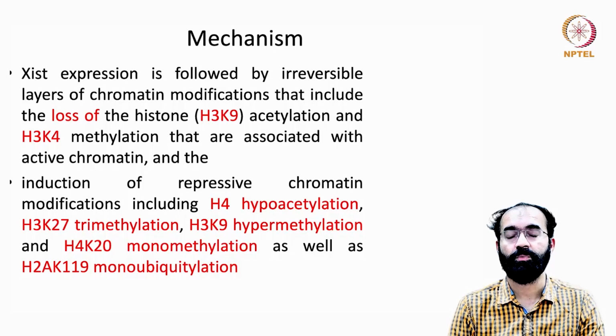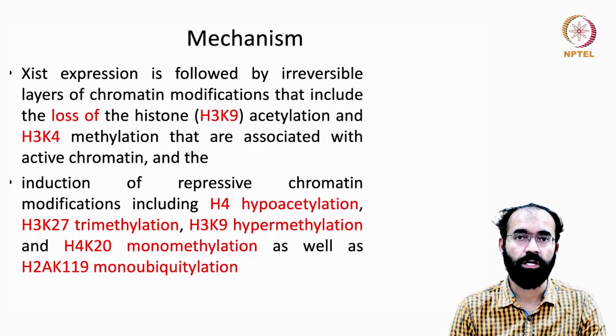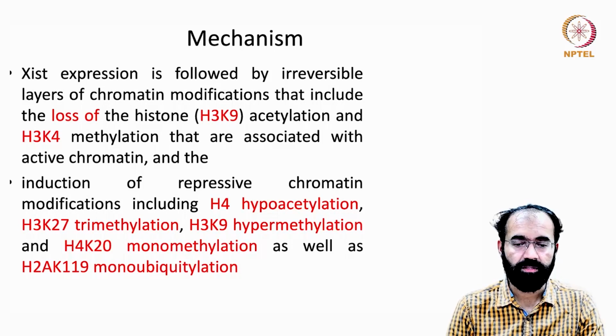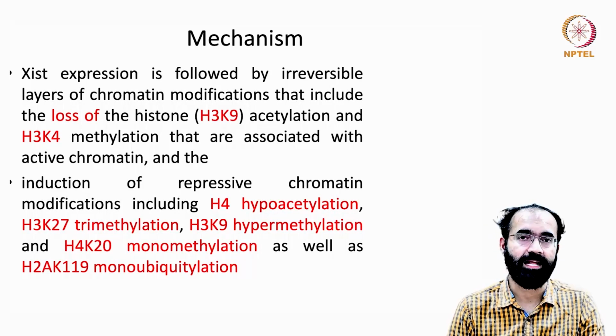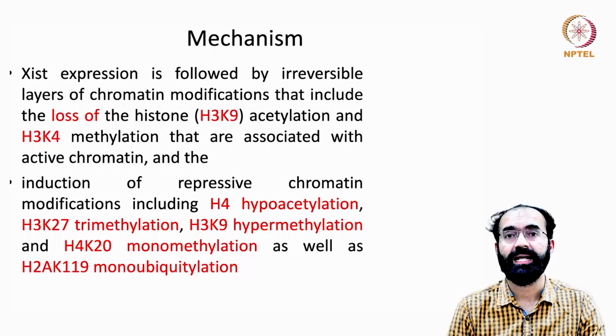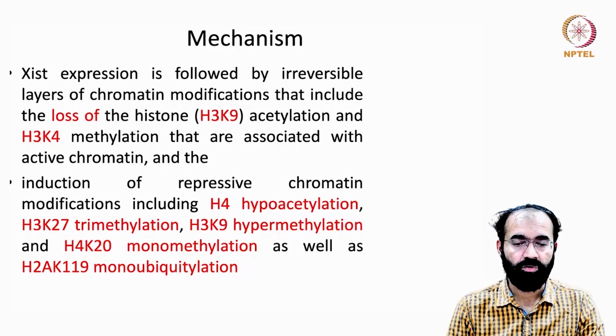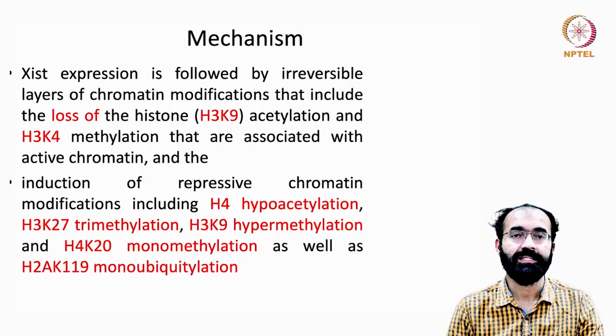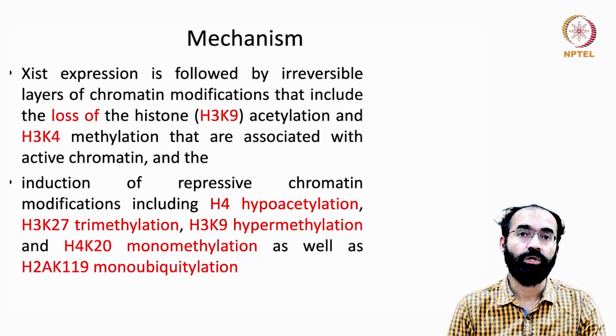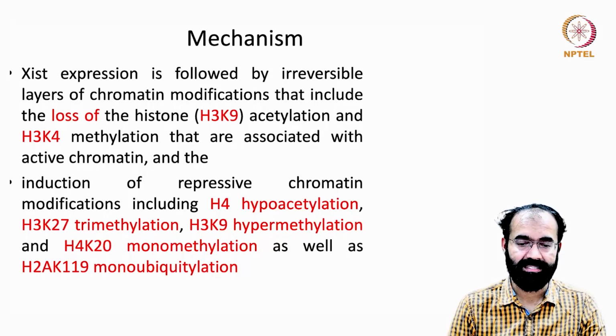That means thyroid hormone or thyroxine hormone is lower than required. So hyper and hypo is terminology we often use for more than normal, less than normal. So H4 is histone 4 hypoacetylation. That means acetylation is lower than usual, something related to deacetylation.